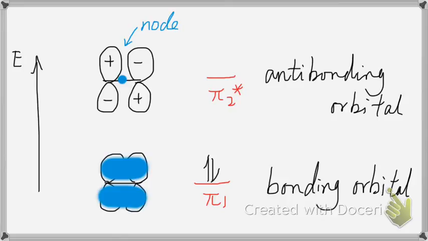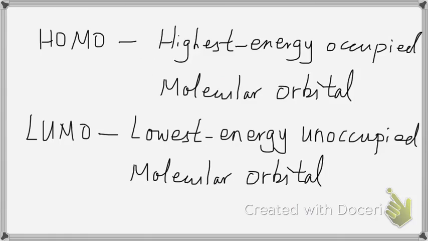Another concept in the molecular orbital theory is the HOMO and the LUMO. Basically, we call pi1 the HOMO orbital. HOMO stands for highest energy occupied molecular orbital, while LUMO stands for lowest energy unoccupied molecular orbital. Those are the abbreviations for these terms.